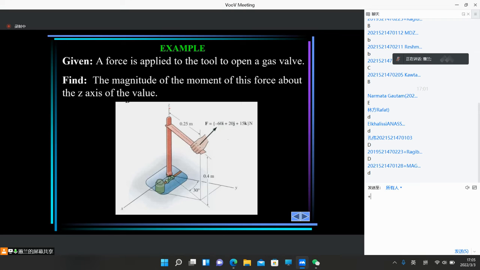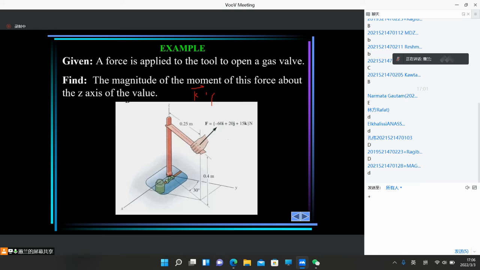Again, about the z-axis, we use the unit vector of the z-axis, that would be k, dot. You can choose any point. After you establish the coordinate, you can choose the origin.